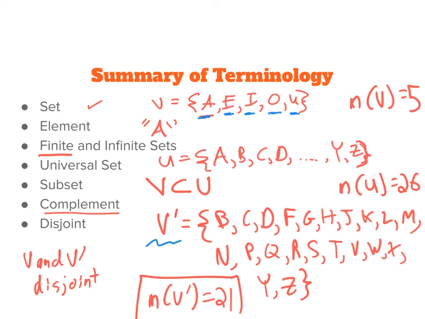Okay, there's a lot of terminology here. And the best way to practice this terminology is to do practice problems which involve using it and identifying things that use the terminology that I have listed here. So I'm going to go through an example problem next that involves using some of the terminology of set notation.